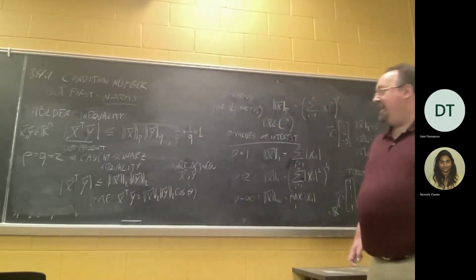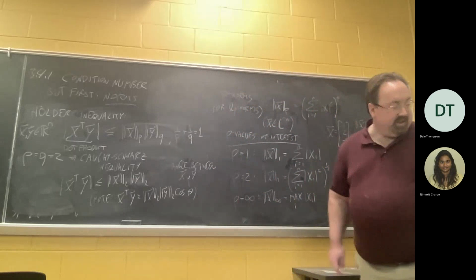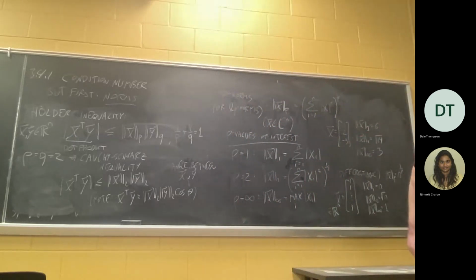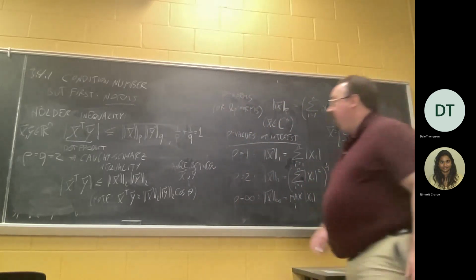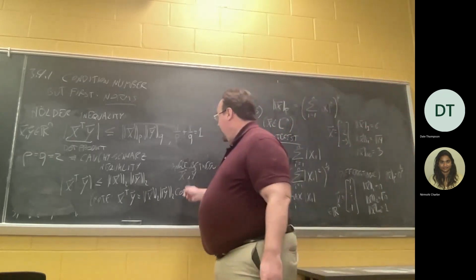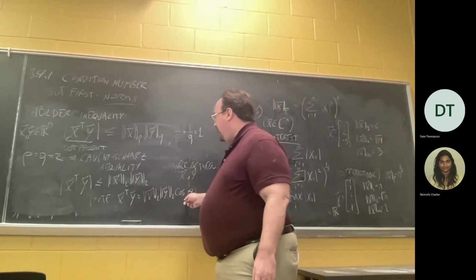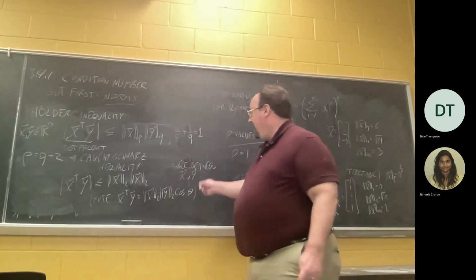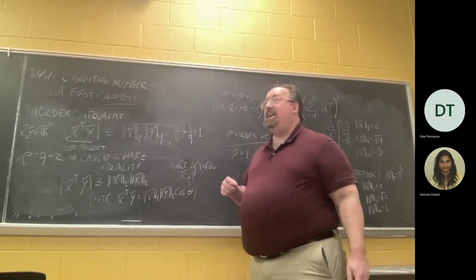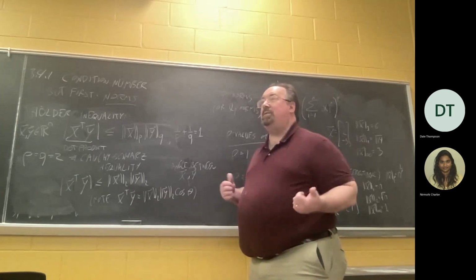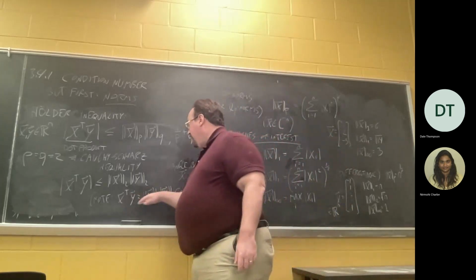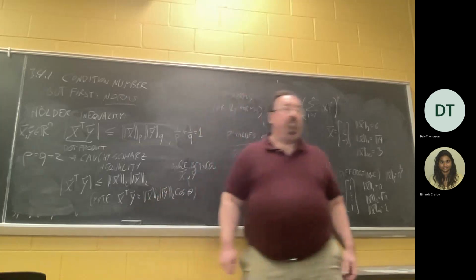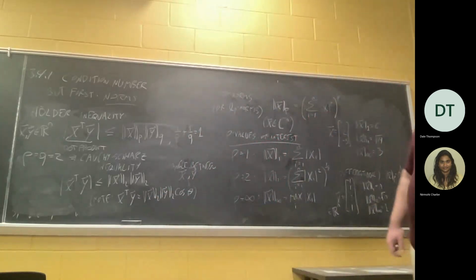And then I pointed out special cases, where theta is equal to 0, so the inner product is equal to the product of norms, or when theta is equal to pi. So in that case, if X and Y are pointing in opposite directions, then X transpose Y is equal to minus the product of the norms.